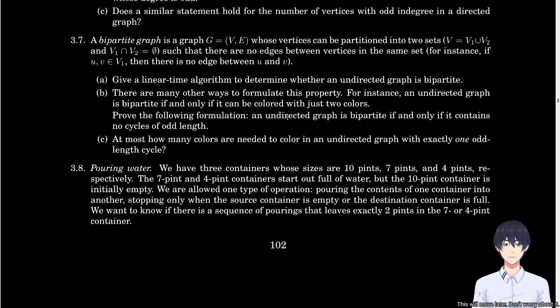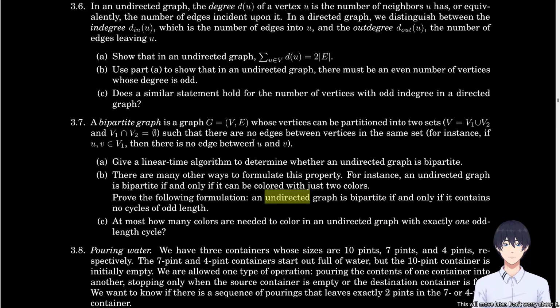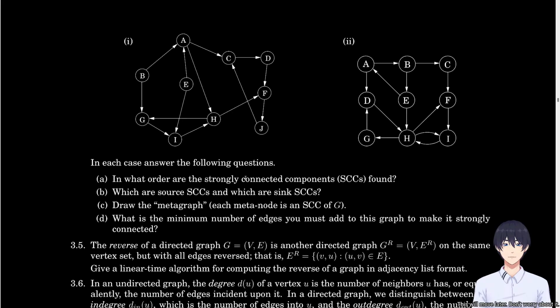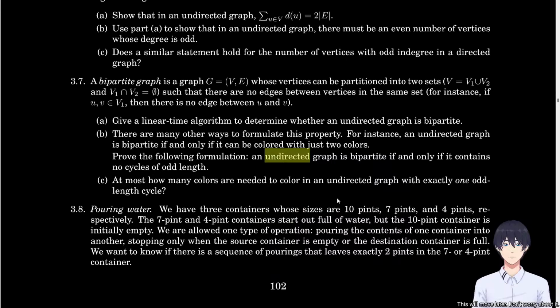Prove this. An undirected graph is bipartite if and only if it contains no cycles of odd length. Well, what if we had a cycle of odd length? It would go like here.